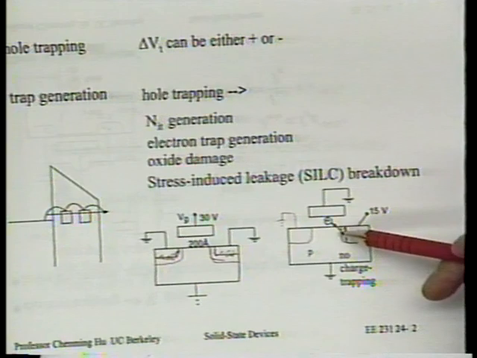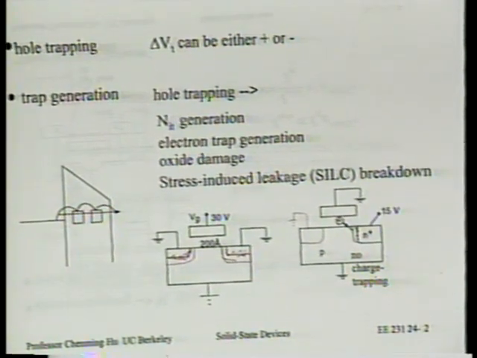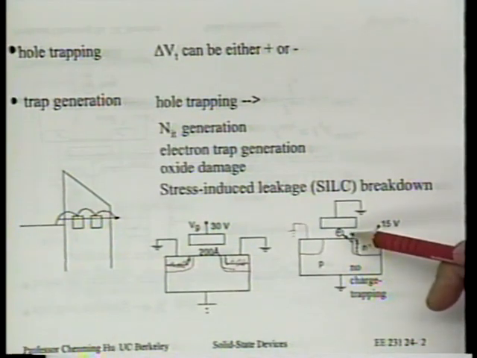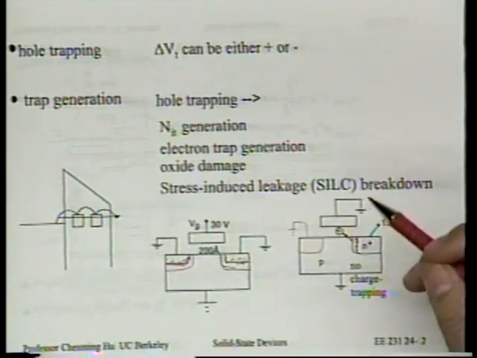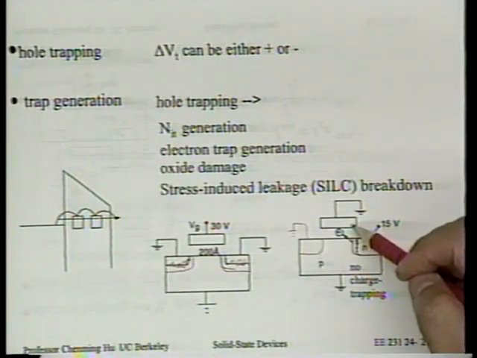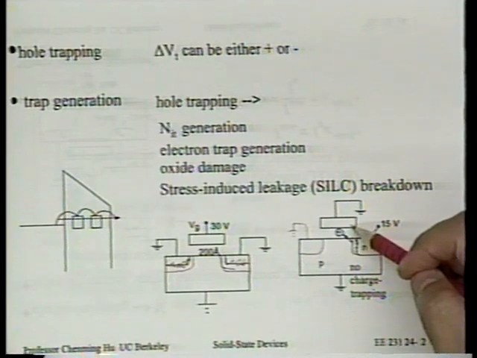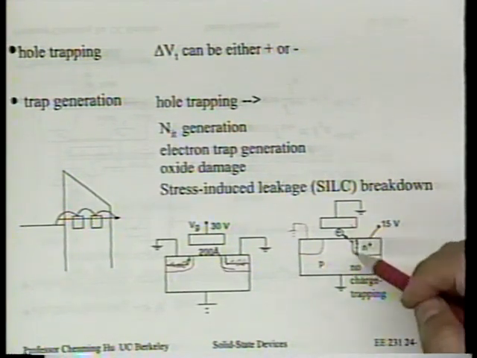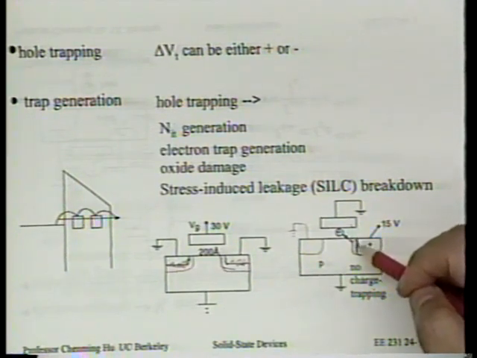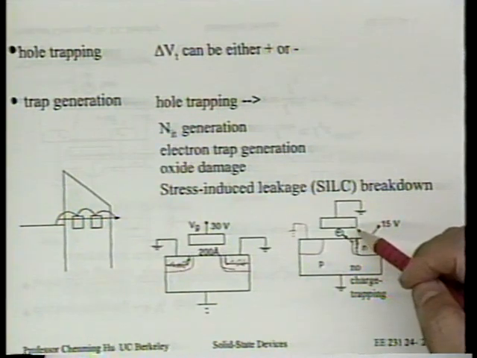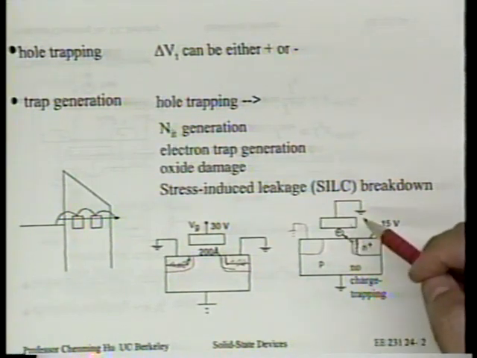Therefore, hot holes will inject into the oxide. Holes go to the more negative polarity. This point is more positive, the gate is more negative, so positive charge will tend to get into the oxide. And what is the positive charge here? It is holes. So it is known that under junction breakdown, holes do get injected into the oxide. We can see that from threshold voltage shift and so on.